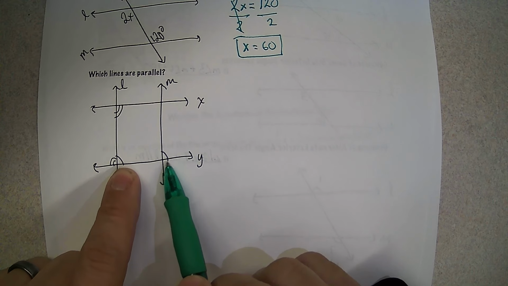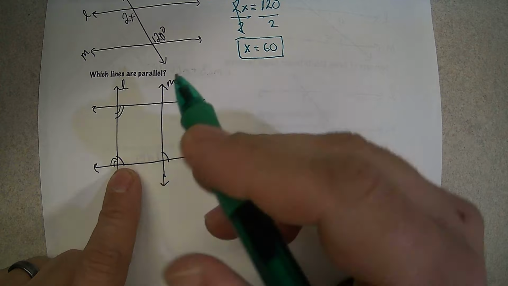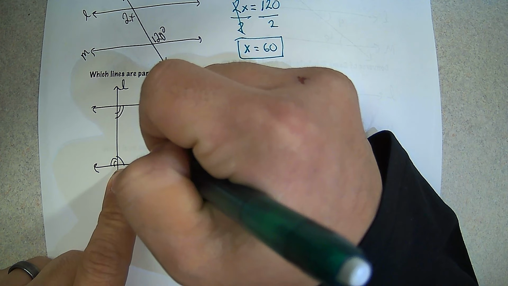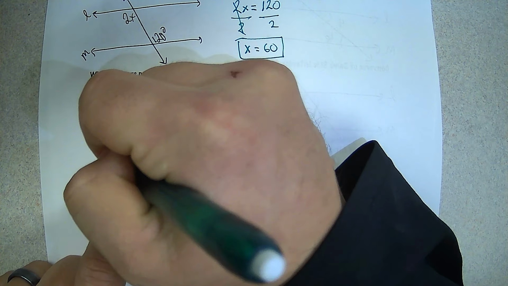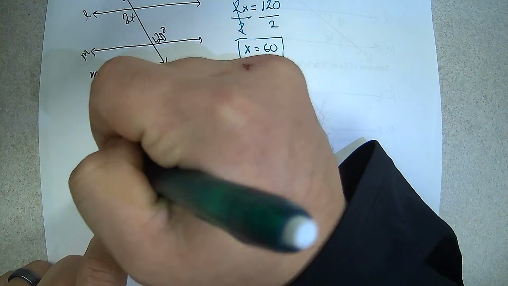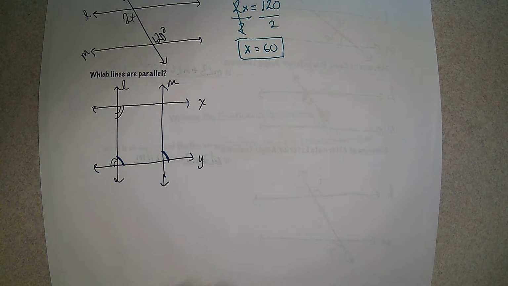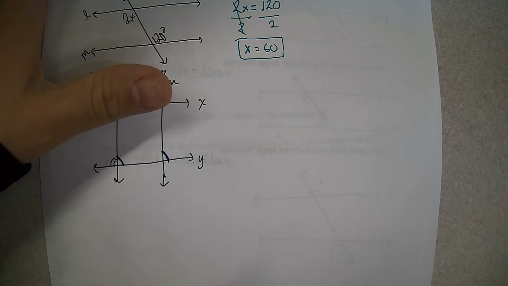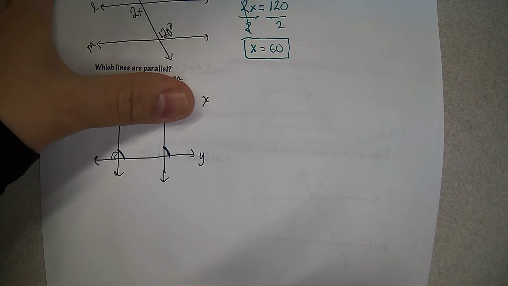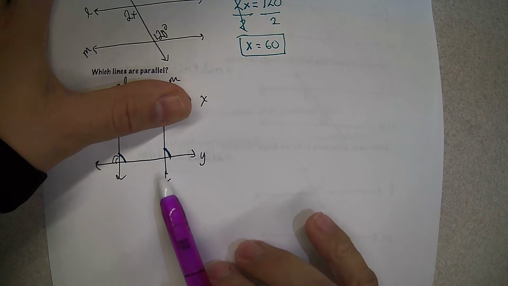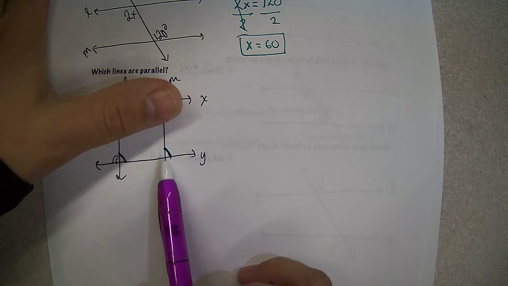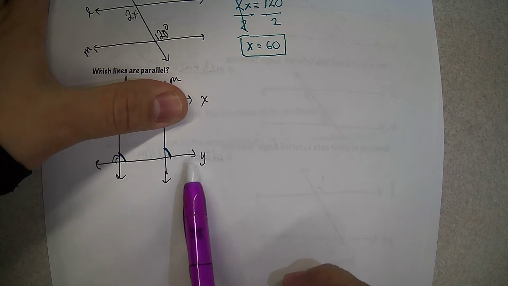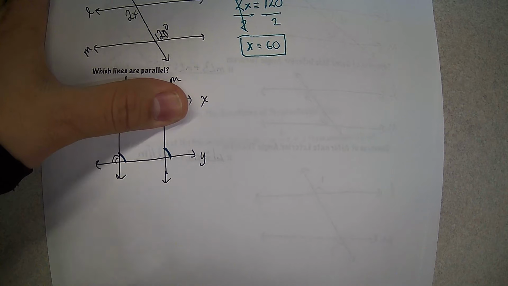Because they're the same, that means that those two angles are congruent. Those two are congruent. Now I'm going to ignore this line up here for the moment. Basically, we're trying to see if L and M are parallel, and this is our transversal.